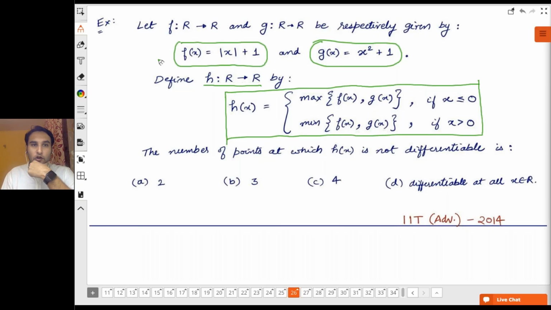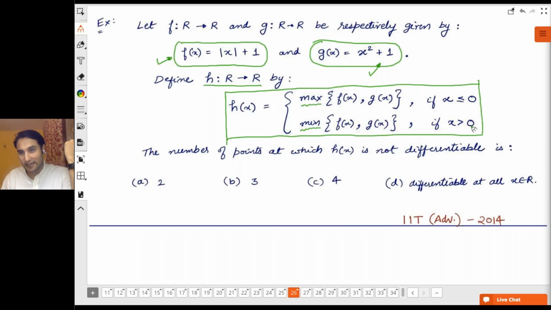The question is about plotting this graph and plotting this graph. That is it. Just plot these two graphs, end of the story. And after that, the question is verbal. Whenever it says minimum, take the lower graph. And whenever it says maximum, take the upper graph.